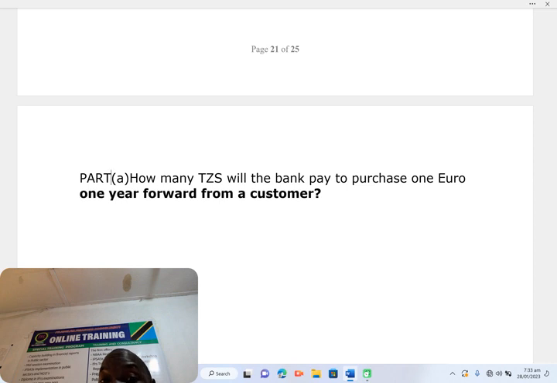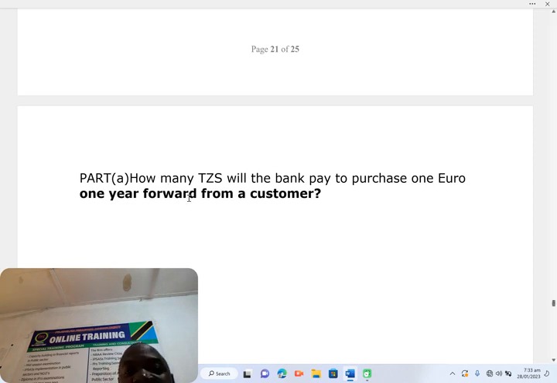The transaction is to purchase €1. And do we have a quotation of euro against Tanzanian shillings? We don't. That's the problem.